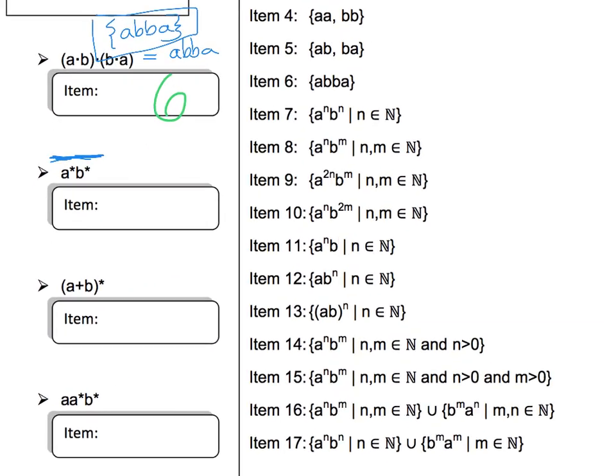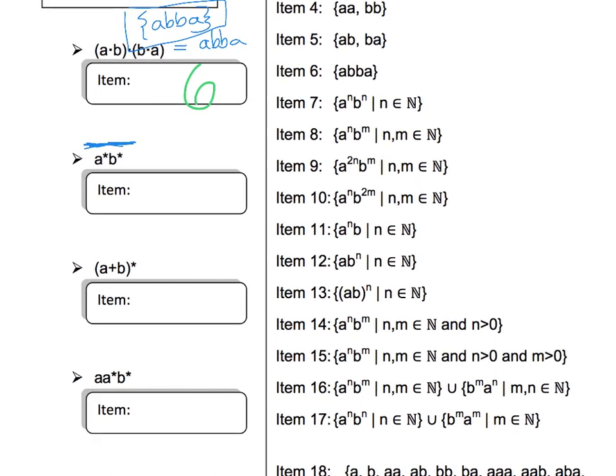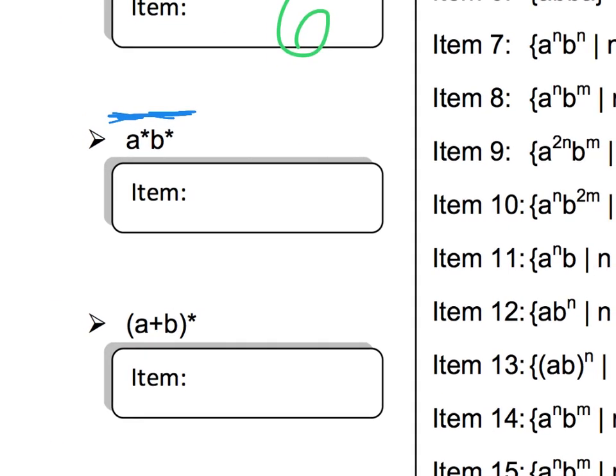So we need to find something where the a's all come before the b's, and there's 0 or more a's followed by 0 or more b's, but with potentially different numbers of a's and b's. Because in this language, a star, b star, one of the things is 1 a and 2 b's, and another thing is 5 a's just by itself. It's an infinite language. I'm not going to write out the whole language for you, but these are 2 examples of things that are in the language.